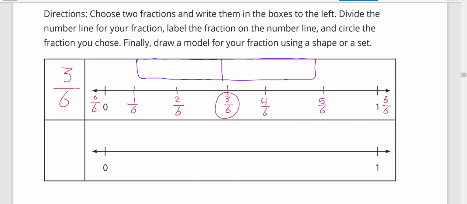First divide into 2 halves, and the first half divided into 3 equal parts, and the second half divided into 3 equal parts. So we will shade 3 parts because the numerator equals 3. First part, shade it, and second, and third.